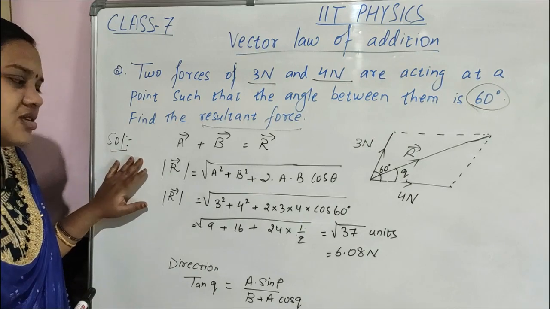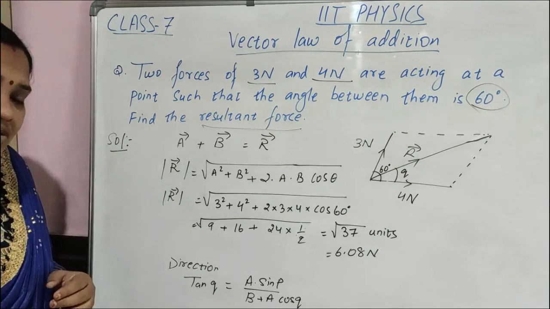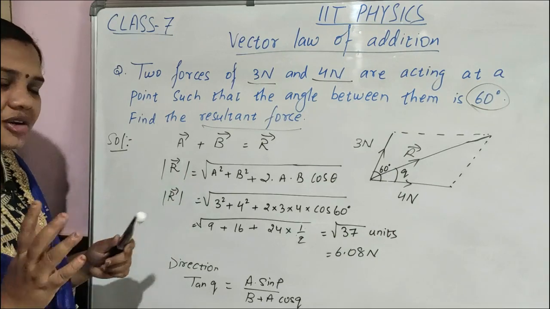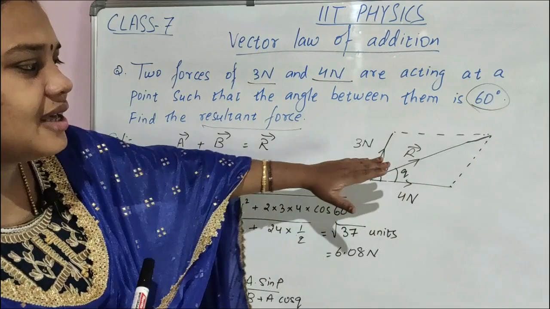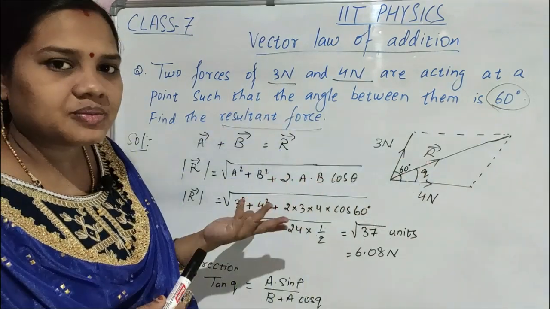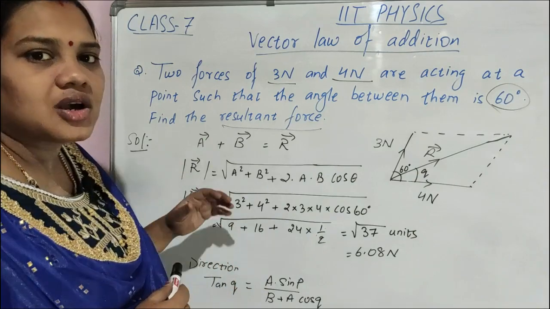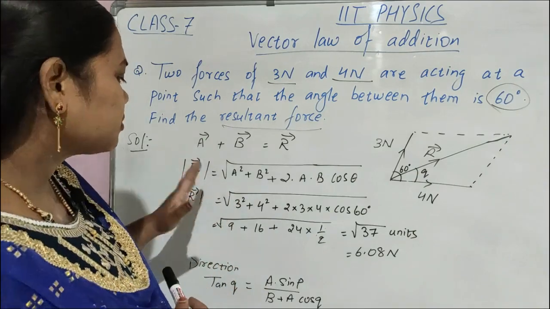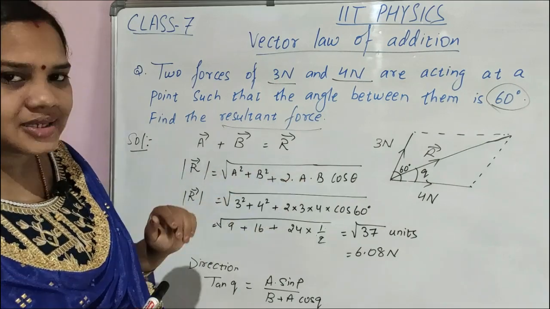The magnitude of the resultant vector we can get from the formula. You have to remember the formula. If you use the geometrical method, you can find the length of the diagonal, which is the magnitude of the resultant vector. The analytic method is to use the formula: square root of a square plus b square plus 2ab cos theta.